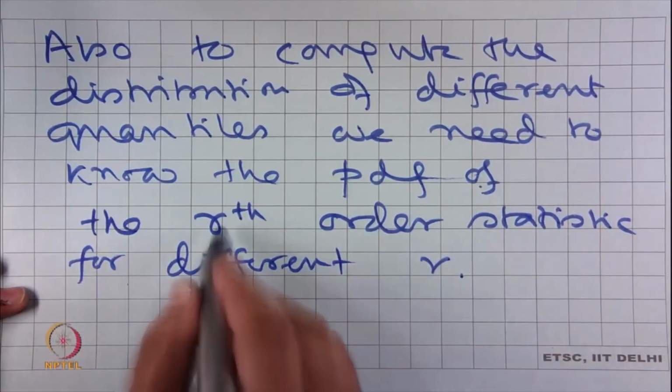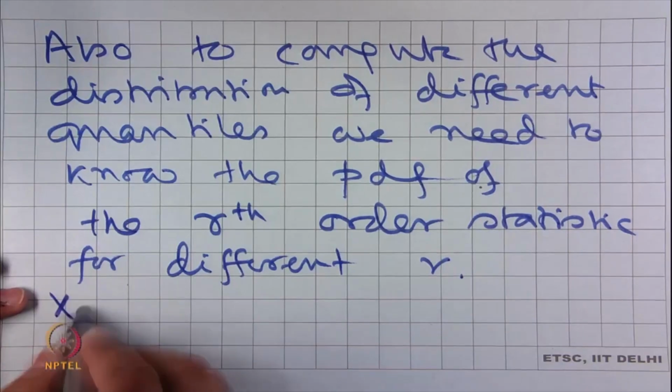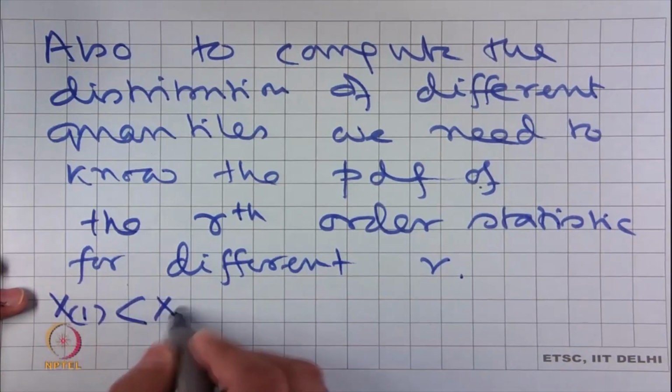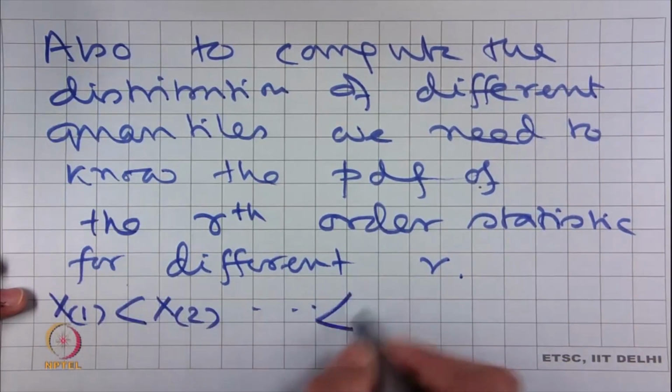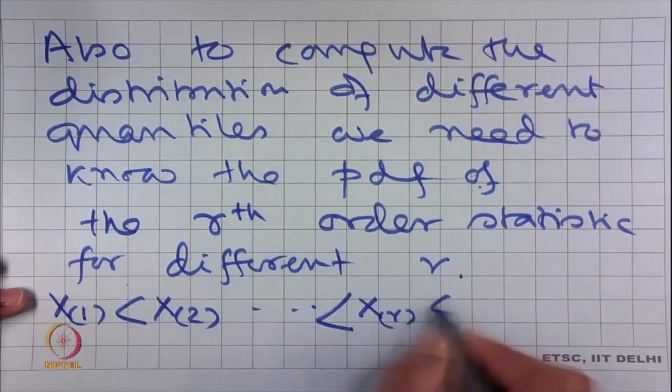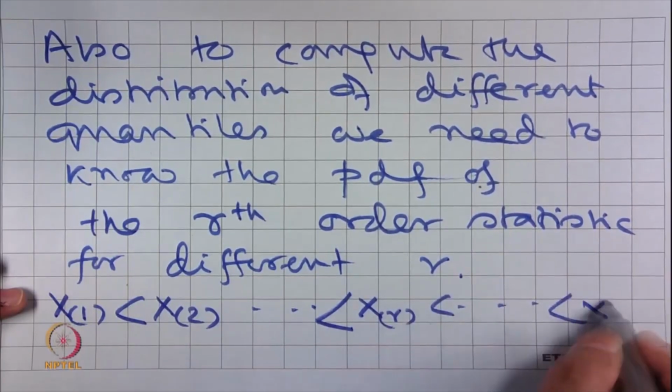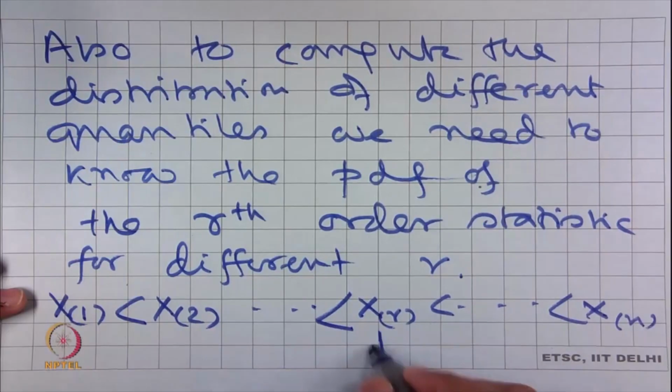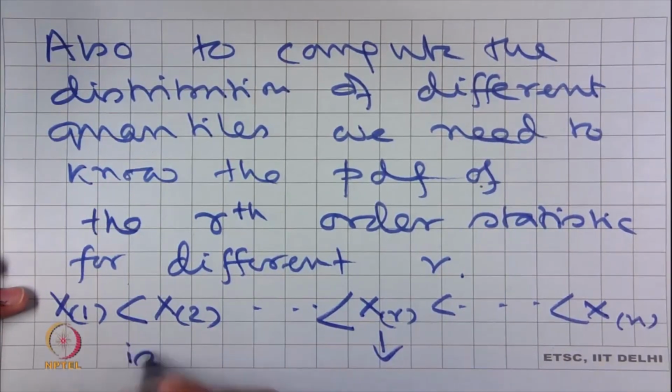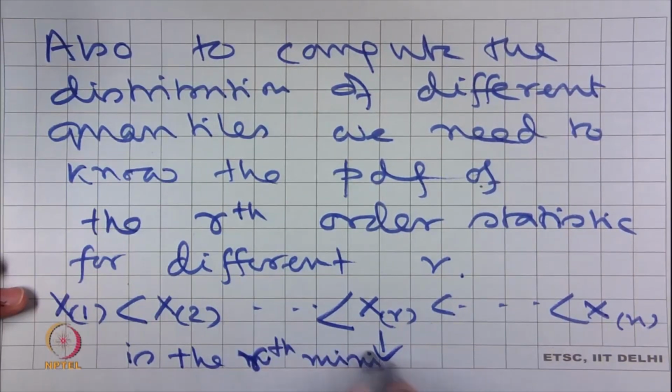What is the rth order statistic? We know that x1 is less than x2, and so on. So, the rth order statistic is the rth minimum in the sample.